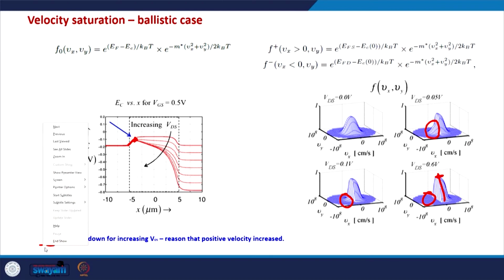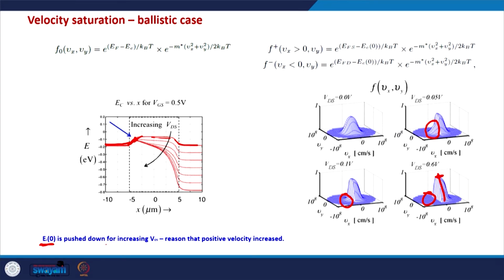We have already done a mathematical analysis of the velocity saturation, the injection velocity saturation, and as you can see, this EC0 is essentially the profile of the electron energy in the channel.